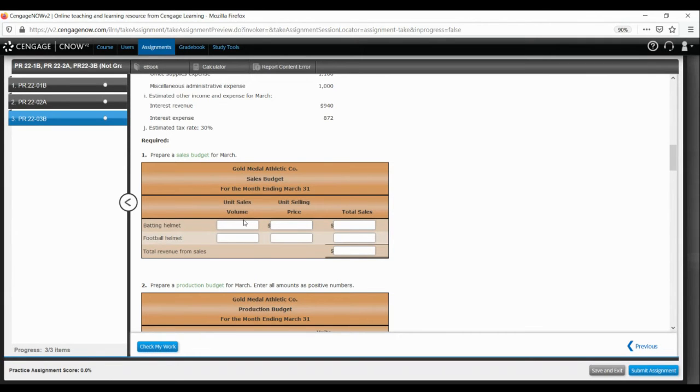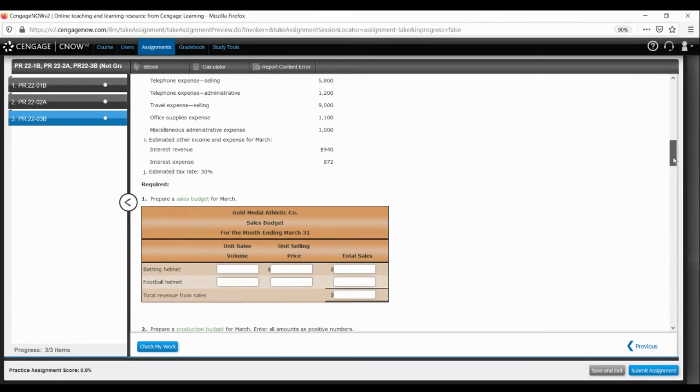The first thing you need to figure out is what the unit sales volume is that's going to be projected for this period of time. In the real world, you get information from your sales force. But in our problem, they have given us the information for the unit sales volume.